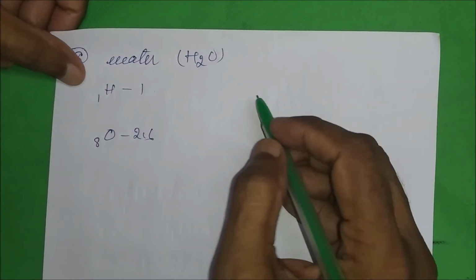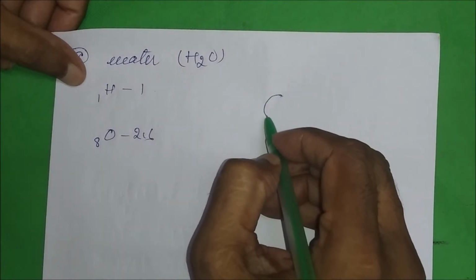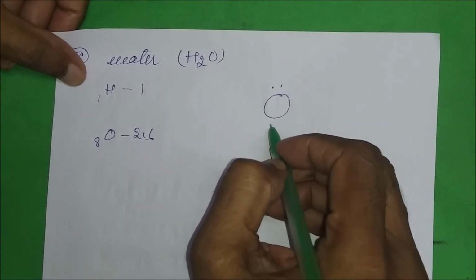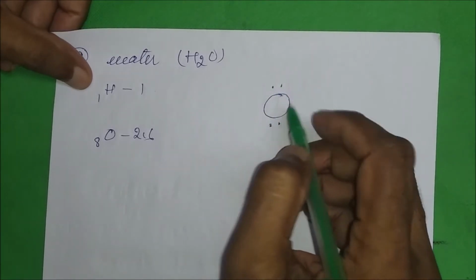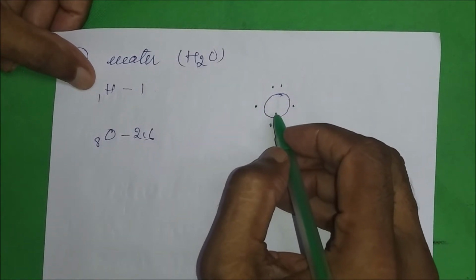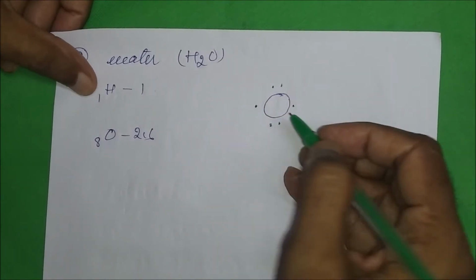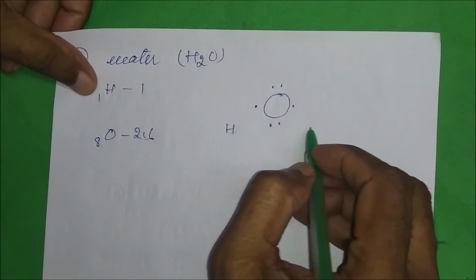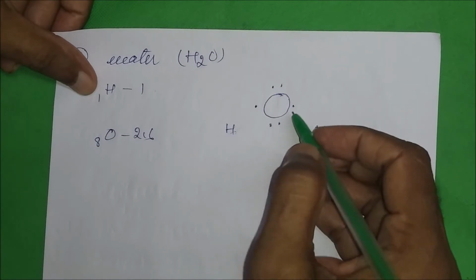Now what happens here? You see that. Suppose oxygen is here and here what is there? 2, 4, right? 5 and 1, 6 here. This is your oxygen, right? Now here hydrogen is combining like that. Here hydrogen, here also the hydrogen, right?